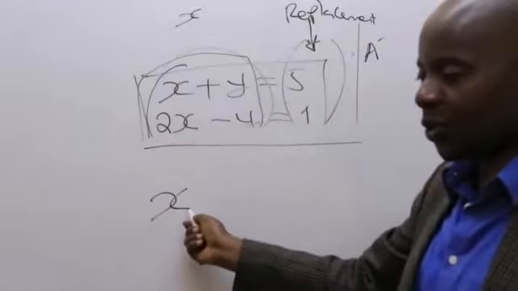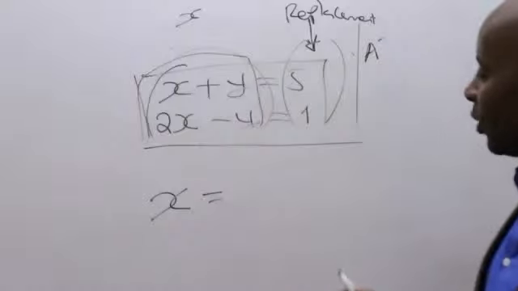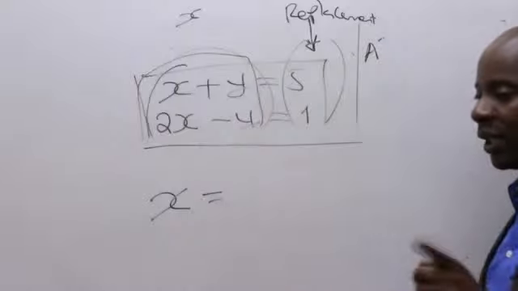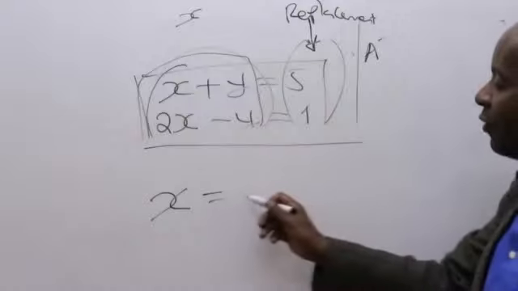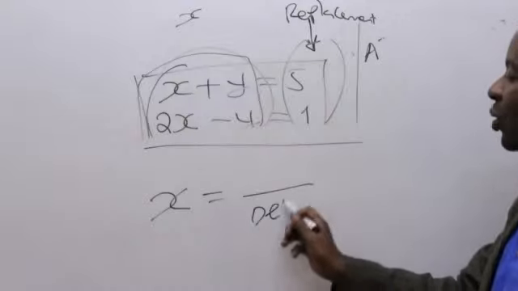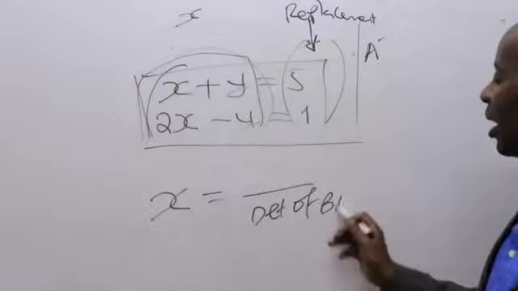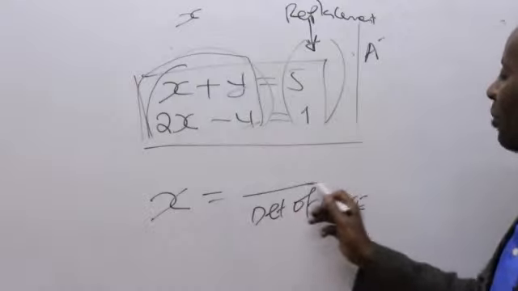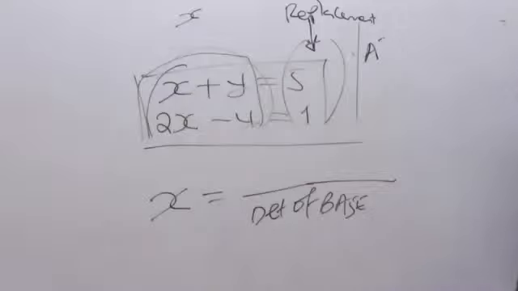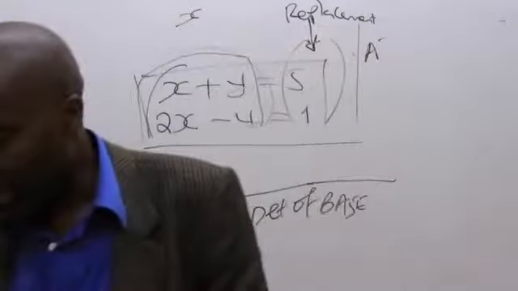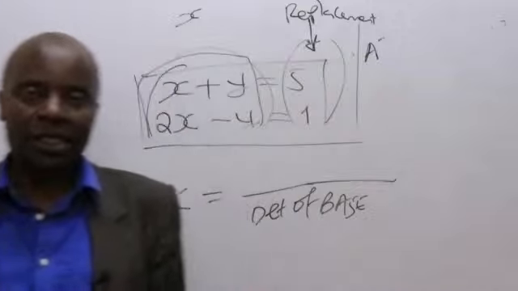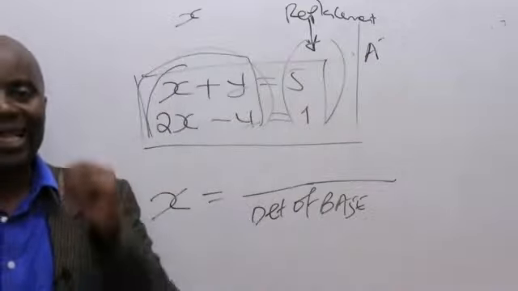Such that if you want me to give you the value of x, I will have two things: the numerator matrix divided by the determinant of the base. I wish somebody can understand this once and for all, because this is something that all of us did in high school.